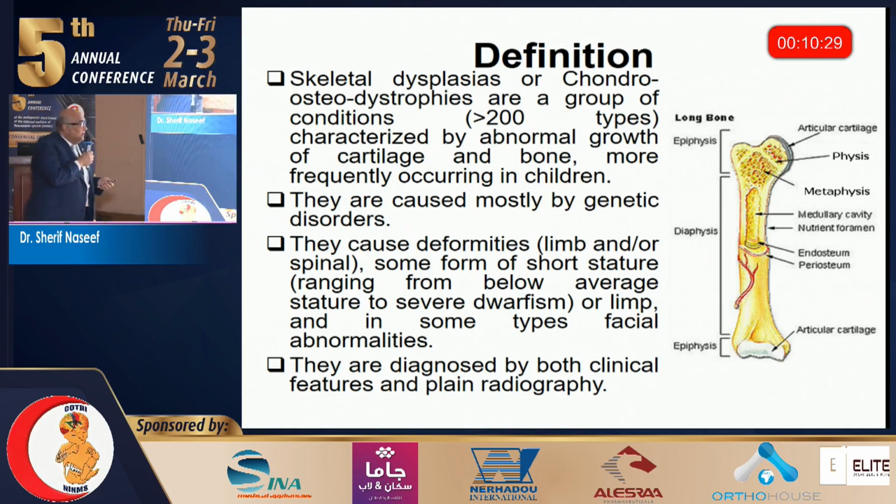So, the physis is in charge of endochondral ossification, not appositional, but endochondral, which means growth in length. So, physeal dysplasia is expected to be accompanied by short stature, which is the main problem in physeal dysplasia.